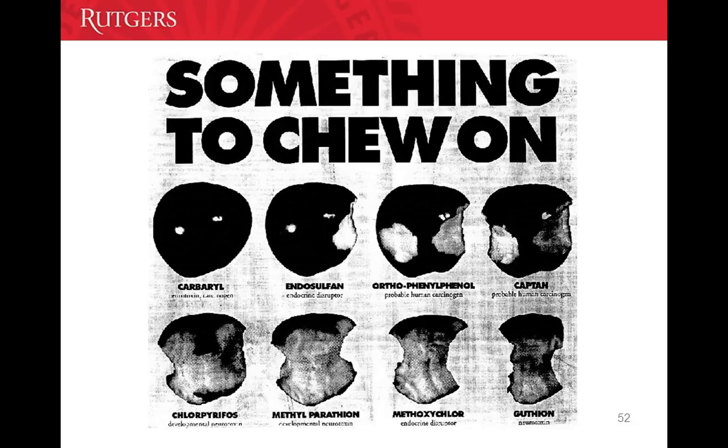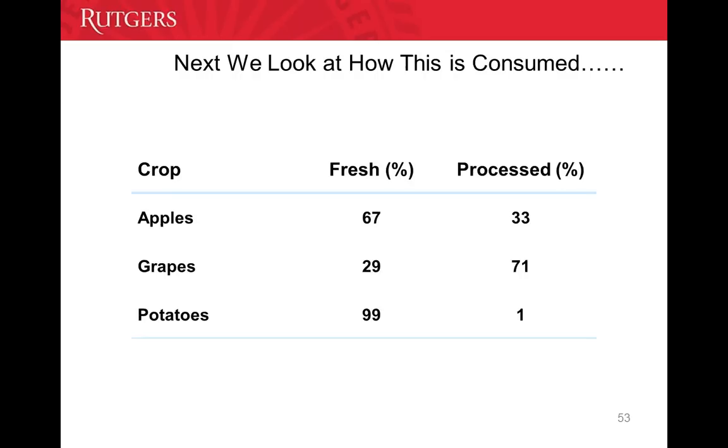This was a few years back, but you can see glutathione being very, very toxic, methylparathion, methoxychlor, chlorpyrifos. The more dangerous the apple, the more you're exposed to. As you can see, the bottom ones are the bad guys. There are lots of ways to demonstrate this. I think it's actually a fairly effective advertisement.